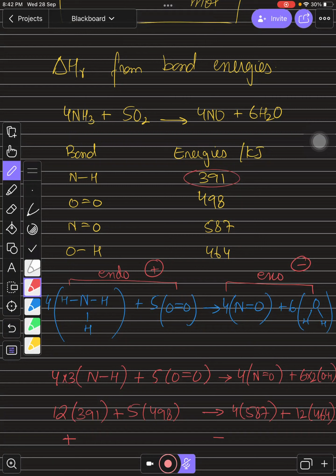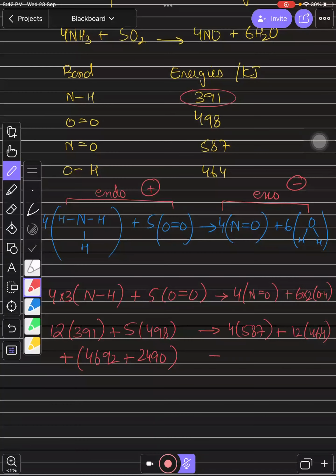So let's calculate the values. It is 12 into 391, it is 4692, plus 5 into 498, it is 2490, right?